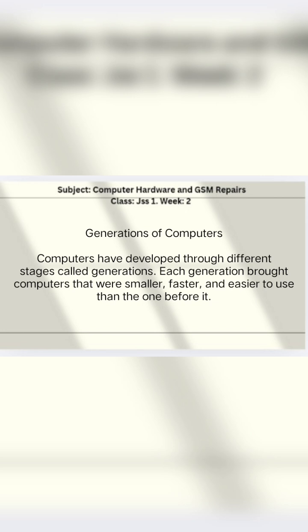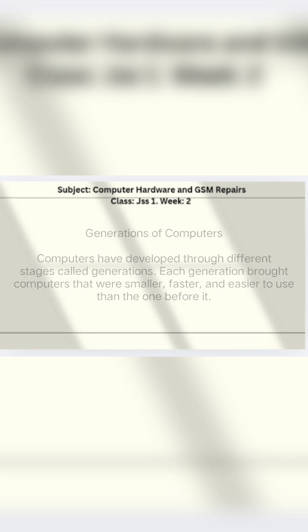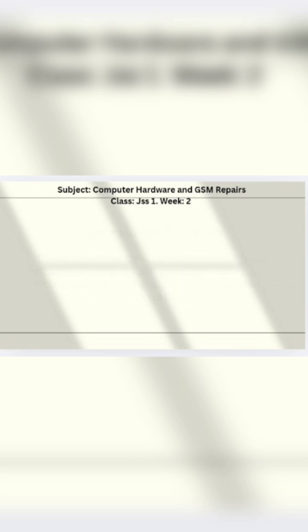Those are the fourth generation, and we have other generations that are still in development as we speak. So I'm going to take them one by one. We are going to know the technologies they use to process data, how big they are, and how fast they are. I'm going to state each of them to you.